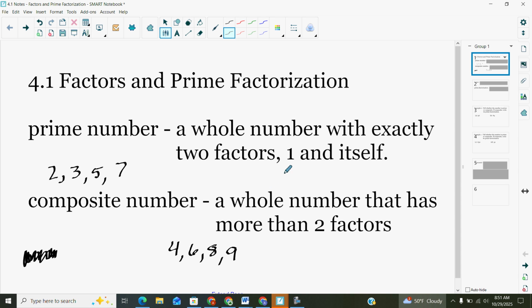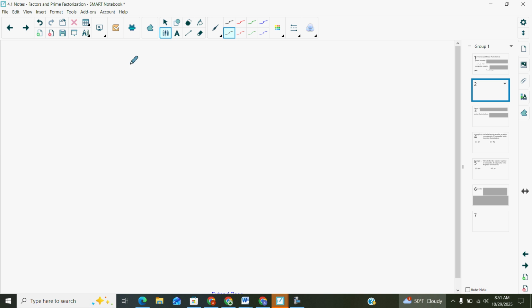When you're taking a look at a number and trying to figure out if it's prime or composite, obviously the smaller numbers we're super familiar with. 10, 2 times 5. 11, we know there's nothing that multiplies to 11 except 11 times 1. If you're looking at the bigger numbers, there's some rules on how we can tell if a number is divisible by something or not.